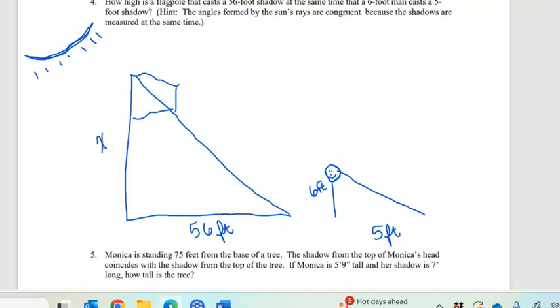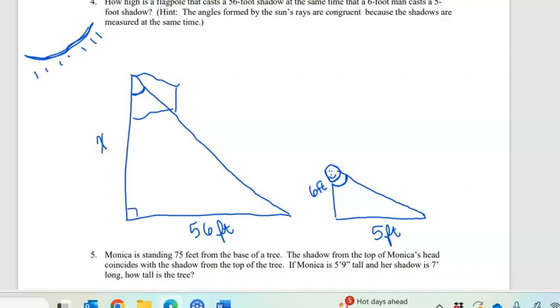So what will happen here is that this angle here is going to be congruent to this angle here because the angle created by the sun is going to be the same, because they're measured at the same time.